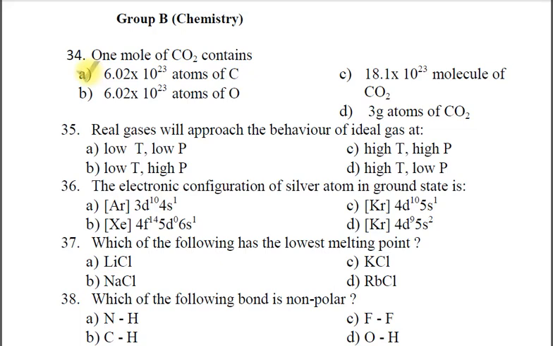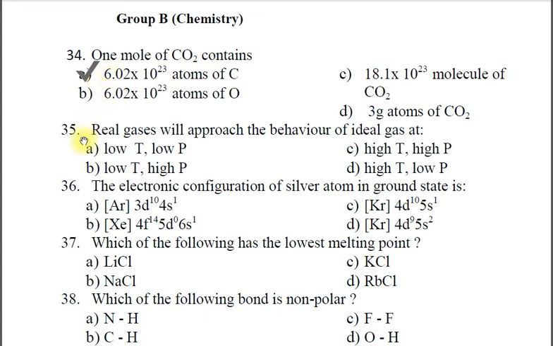The correct answer is option A, 6.02 into 10 raised to power 23 atoms of carbon. So 1 mole of carbon dioxide contains 1 mole of carbon atoms, and it contains 2 moles of oxygen atoms. So for oxygen atoms, the answer would be 12 into 10 raised to power 23. So the correct answer here is option A.